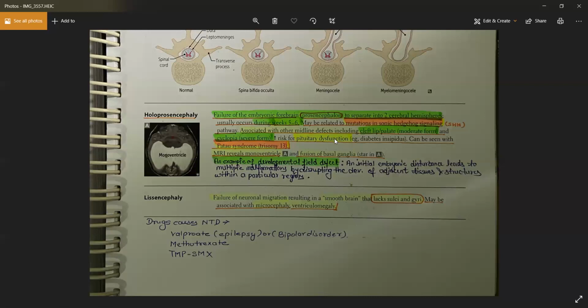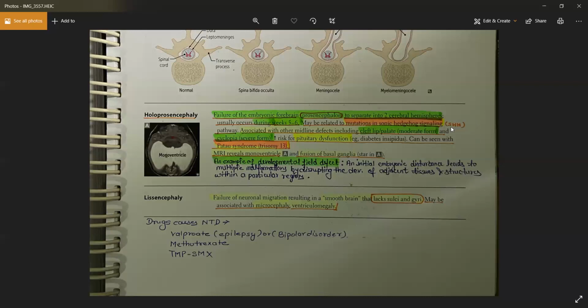So one embryological defect is causing multiple other defects also. So this is the field defect. If Step 1 asks you under what category you will place this example, this is the developmental field defect. It happens because of a mutation in the Sonic hedgehog signaling gene.